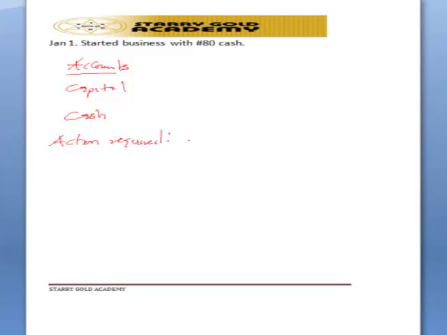Capital is giving out cash. So capital is the giver. So required action is what? We should credit the giver. So credit capital, which is the giver, and debit cash, which is the receiver or the receiving account.